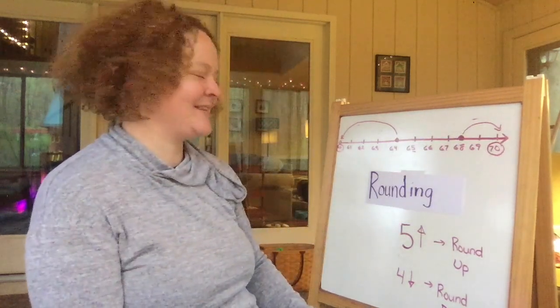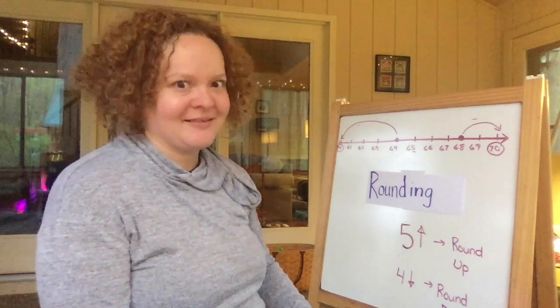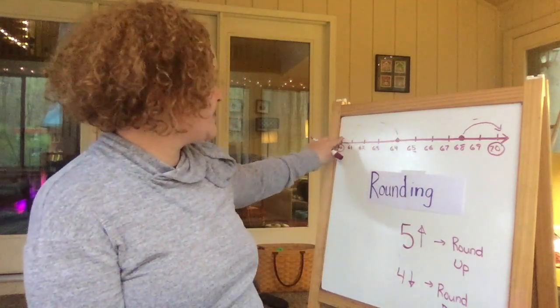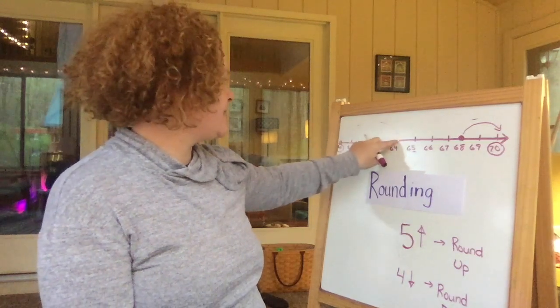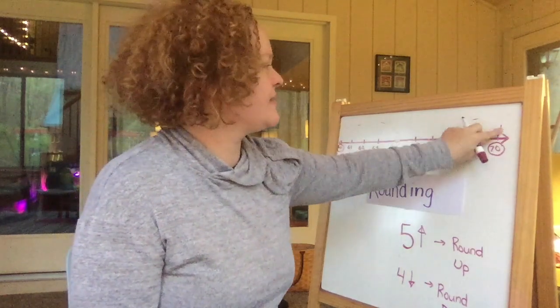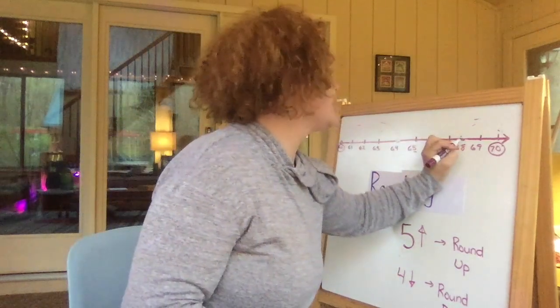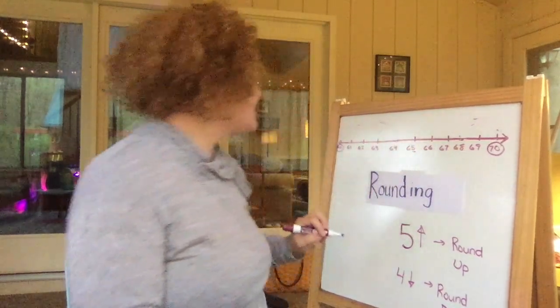Gosh, I'm so good at counting. Just kidding. All right, so now we've got our 60s. And just erase our weird arrows that we did before. Oh, good. It's like we reset our board here.